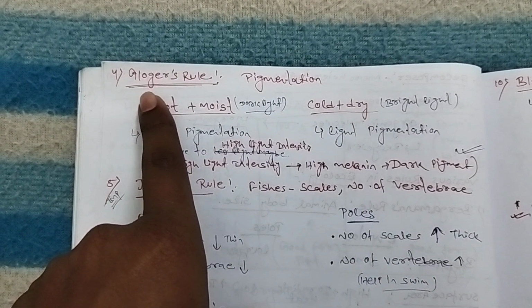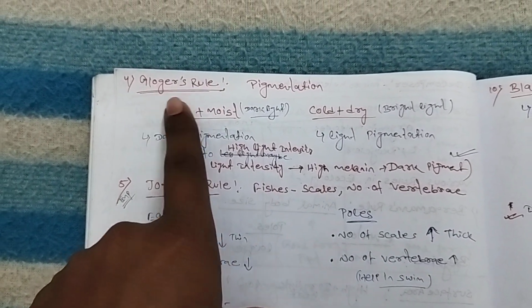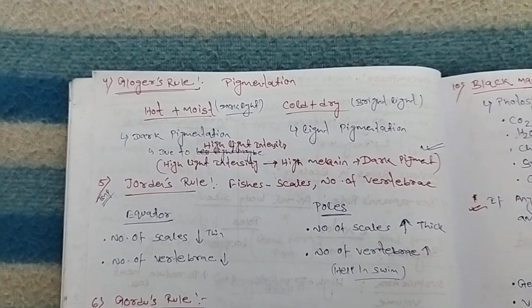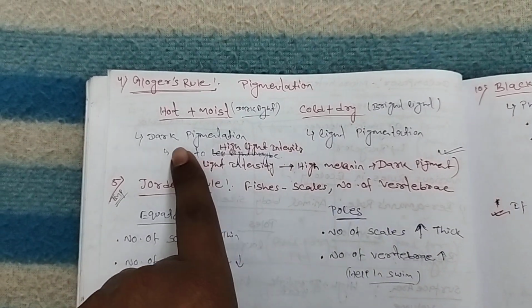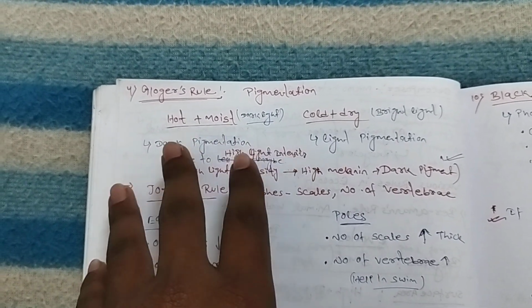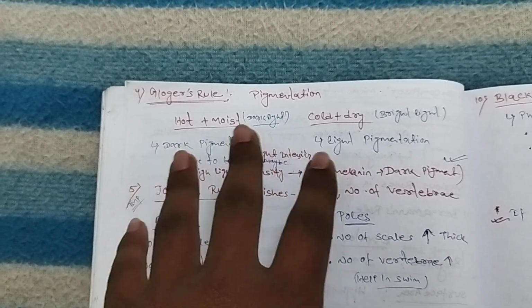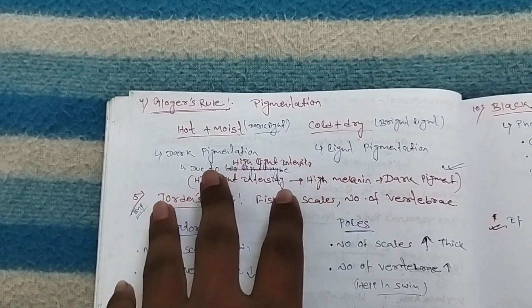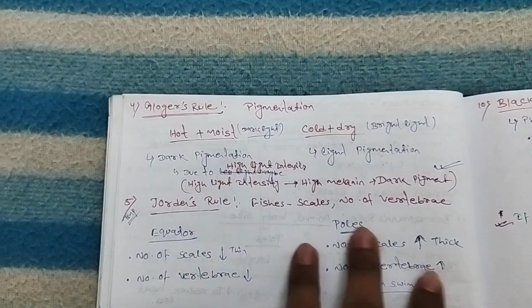Next come to the fourth rule, that is Gloger's rule. It is mainly about body pigmentation. It says that for the animals which are living in the equator, the condition is hot and moist, so there is a high period of day and high intensity of sunlight.